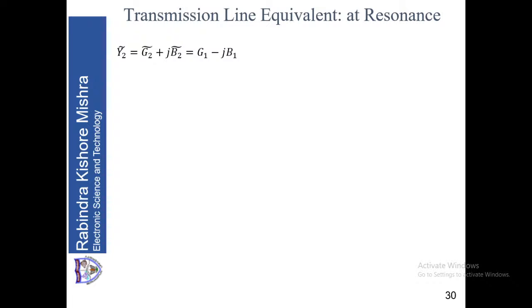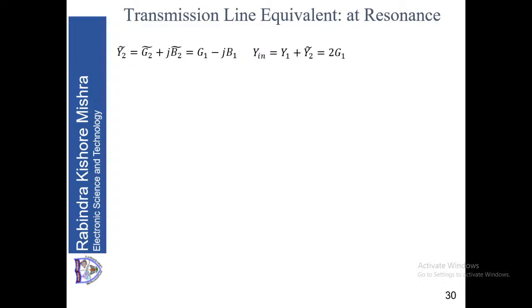So first slot: if I am considering the first slot, y2 transformed, this tilde shows you the transform, will be g2 tilde plus j b2 tilde, that will be equal to g1 minus j b1 in the resonance mode. Therefore y in will be y1 plus y2 tilde, which is equal to 2g1, or y1 plus y2 transformed. Y2 transformed is equal to g1 minus j b1.